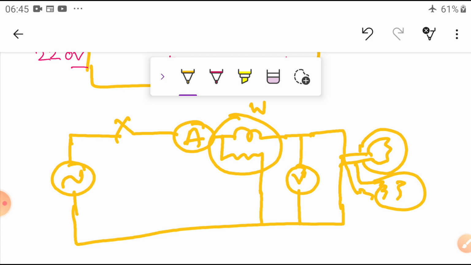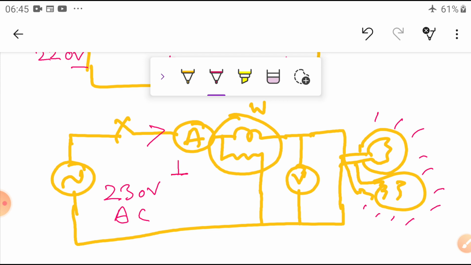Once the switch is closed, the current passes through the circuit and the bulbs will glow. Then I want to know what current is taken from the supply. For example, this is a 230 volts AC supply. I can easily know it with the help of my ammeter, which measures the current flowing in the circuit.